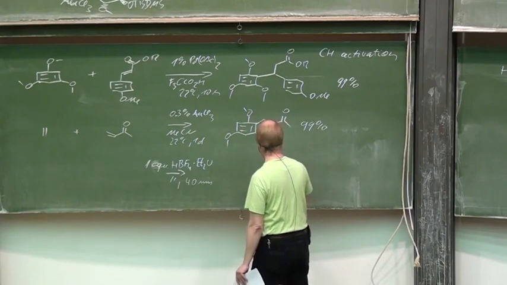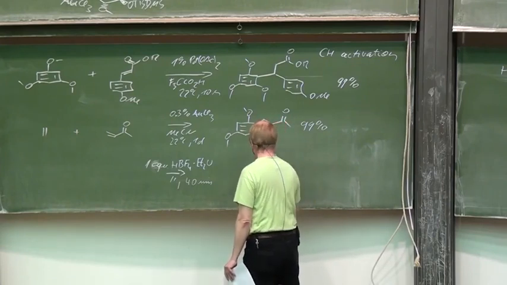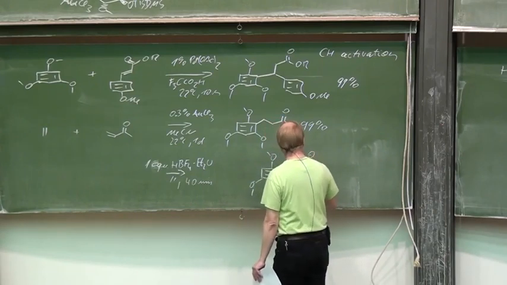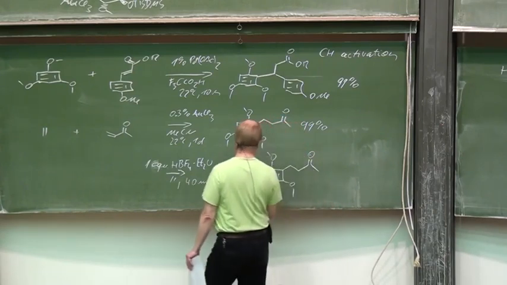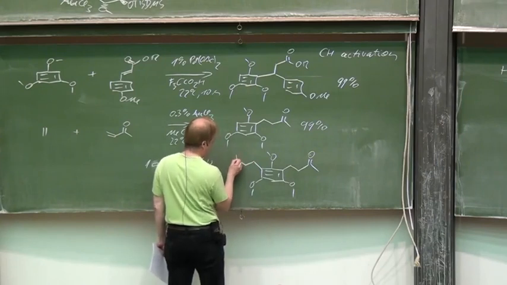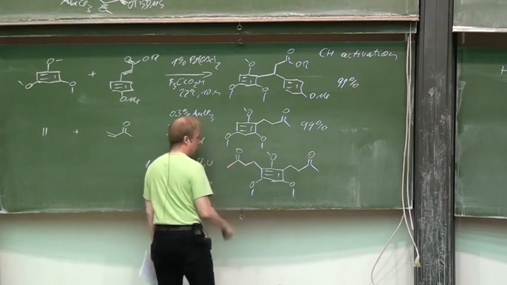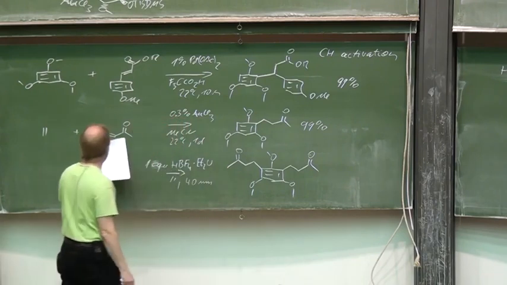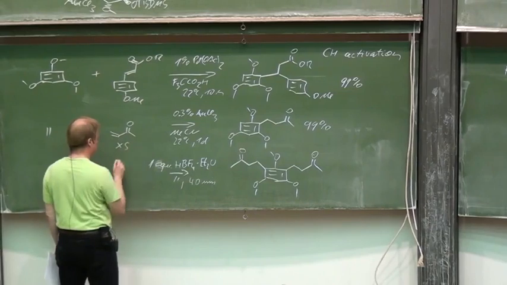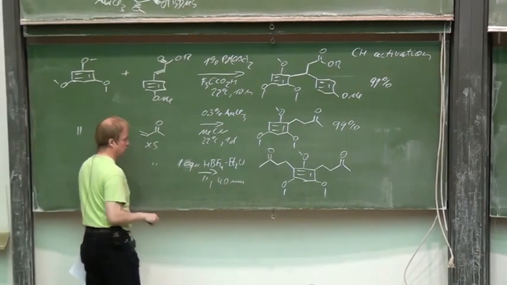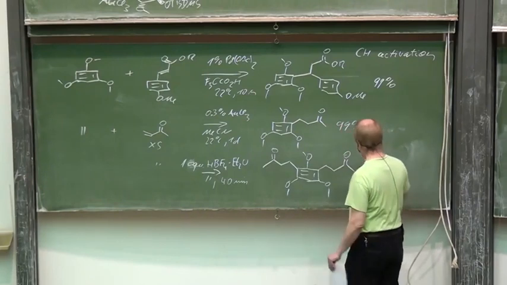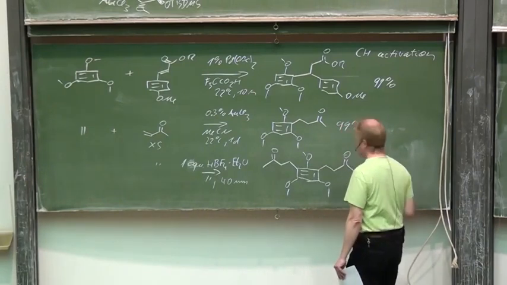Well, then you get almost the same product, but a second equivalent of this is introduced. So you have this here in excess and there also in excess. Yield 95%.